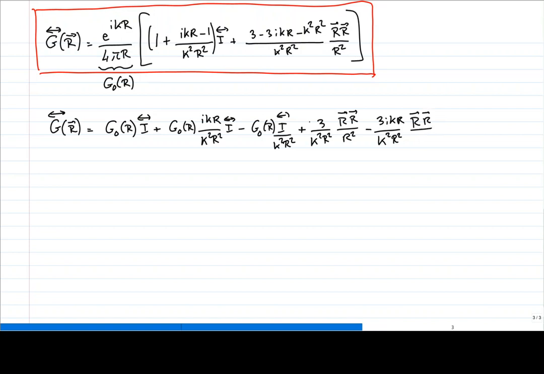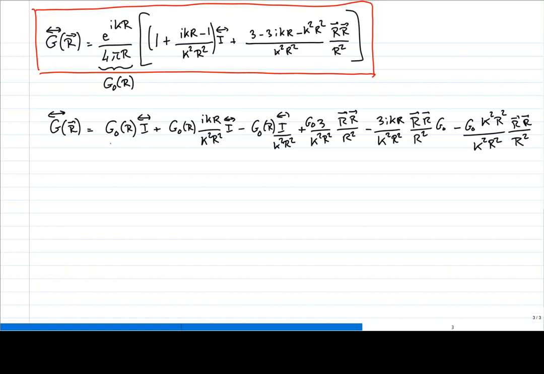I forgot to mention that this is times G0 over r². And then the last one is negative G0 k²r² over k²r² times the outer product of r with itself over r². So this is very long because we developed all the terms, but there are different things that are actually important.